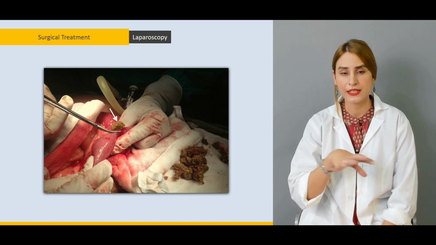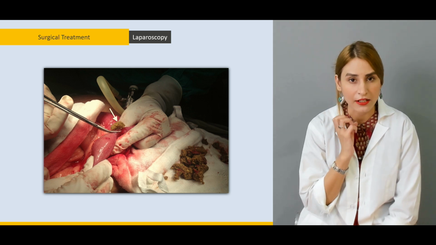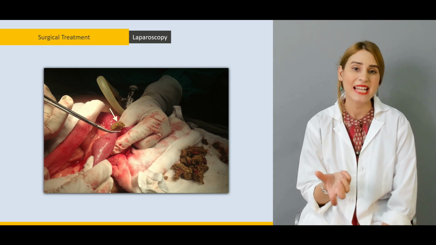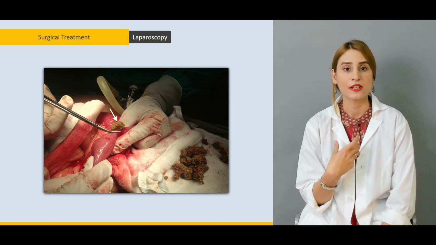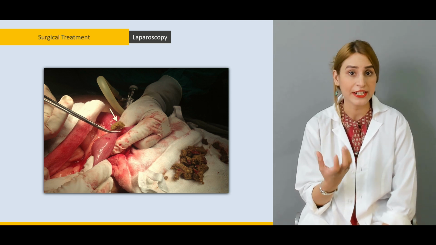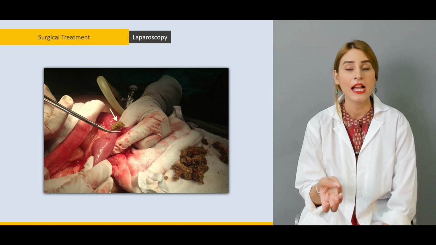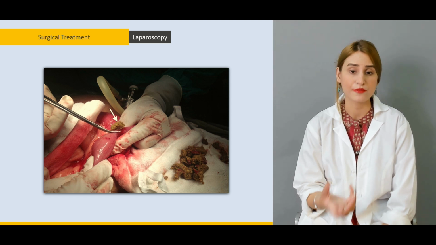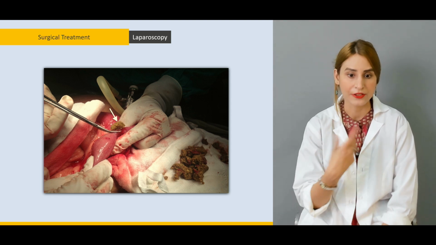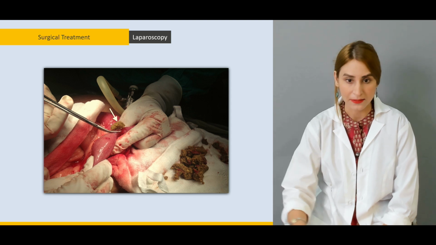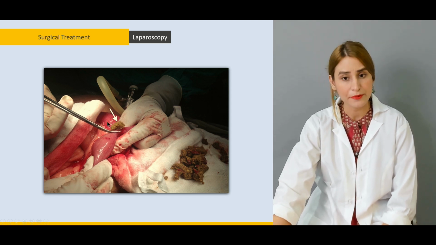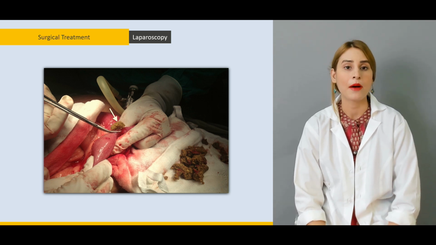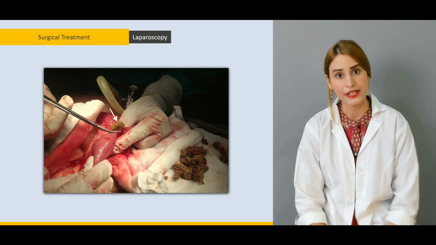So you have to take the history of whether the patient underwent any kind of laparoscopic surgery, because after laparoscopic surgery, particularly incisional hernias, their incidence is about 2 to 4%, plus the adhesions can also be formed. So you have to ask the patient about these as well. Sometimes laparoscopy can be used, for example, if you're performing a diagnostic laparoscopy.